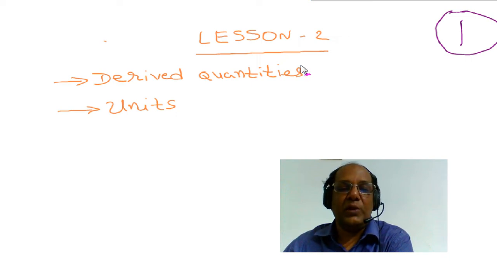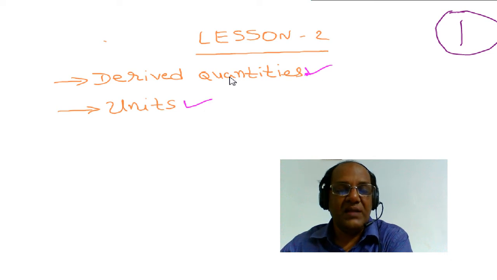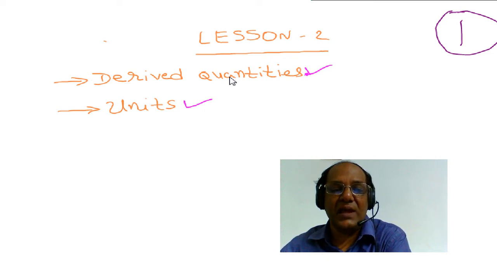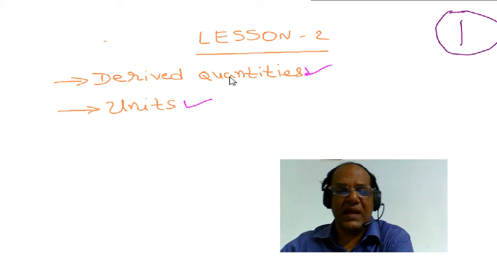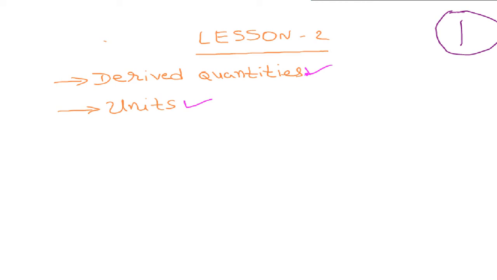We'll continue with that, and we'll see what derived quantities are and what their units are. These derived quantities are quantities that we use in engineering mechanics, both in statics and in dynamics, that we are going to see later. Okay, we'll begin with the first fundamental quantity, that is length, and see what are some quantities which may be derived from it.